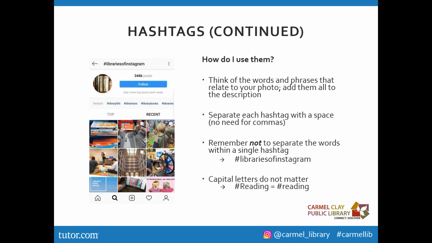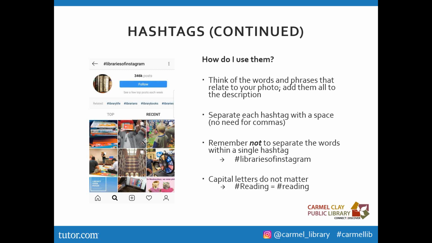So how do you use them? It's actually super easy. So you think about what you want to categorize your photo with, how you would describe it, and then one by one, you add each tag. Anywhere in the description works. Most people that I've seen, and the way I do it, is we put the hashtags at the very end of the post so that the first thing people see is the description we want them to read.